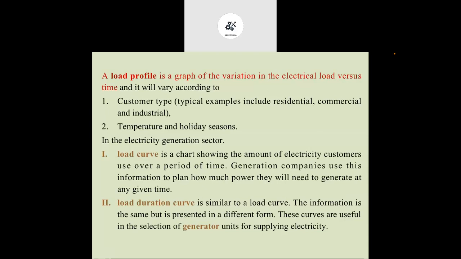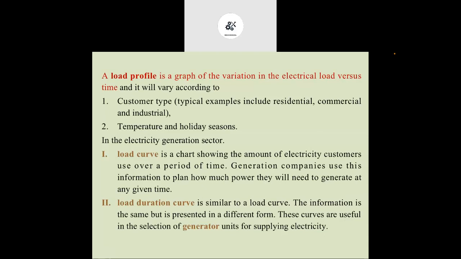So the load curve will give you the requirement at that particular instant of time, whereas the load duration curve will help you to select the particular type of generator. It will generally give you the maximum demand.